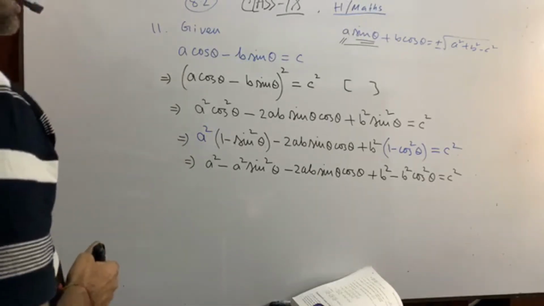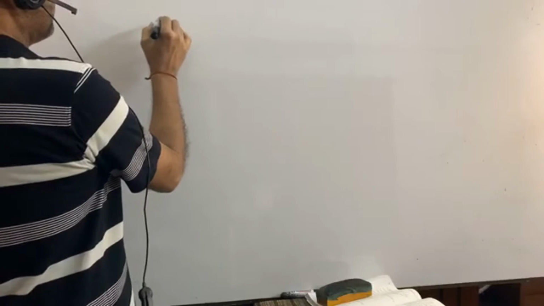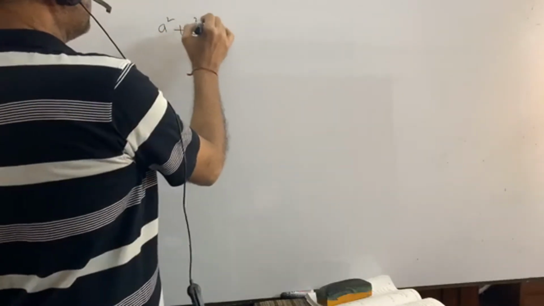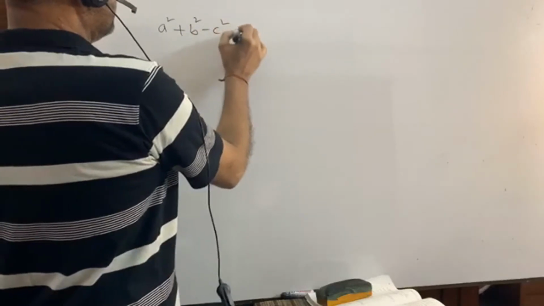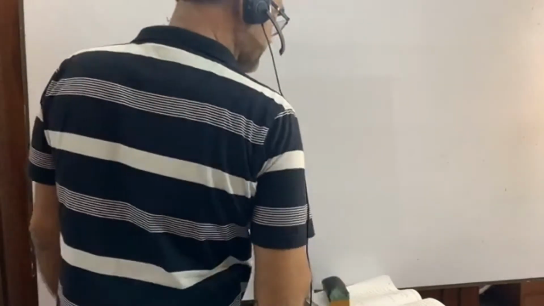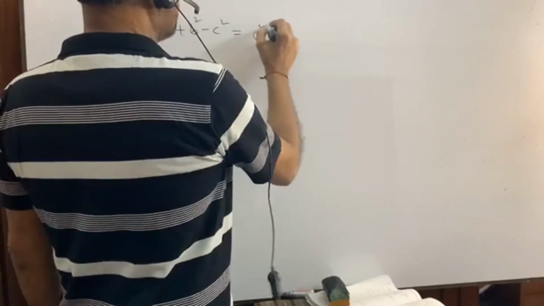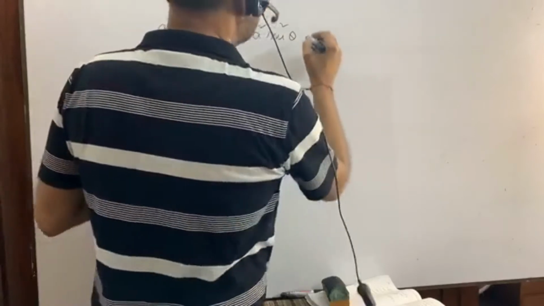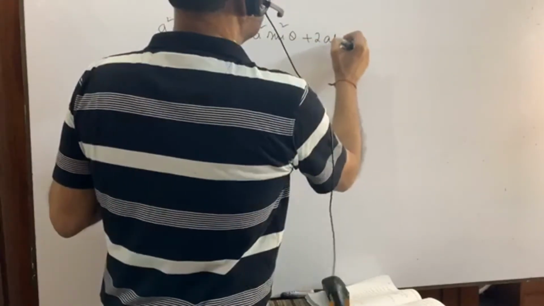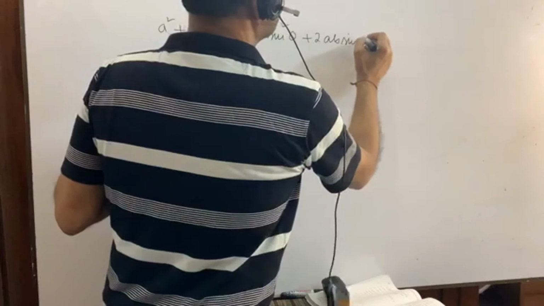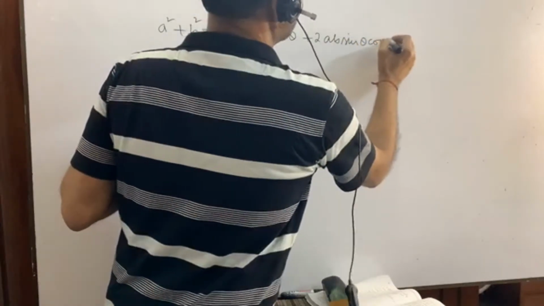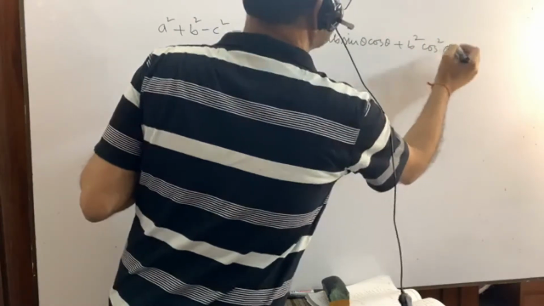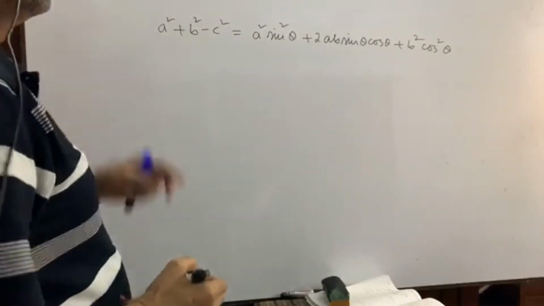Now you please see, after that in the last line we were here: a square plus b square minus c square is equal to a square sin square theta, then plus twice ab sin theta cos theta plus b square cos square theta. We were here, right?